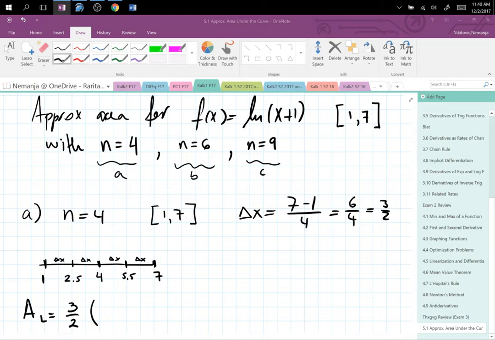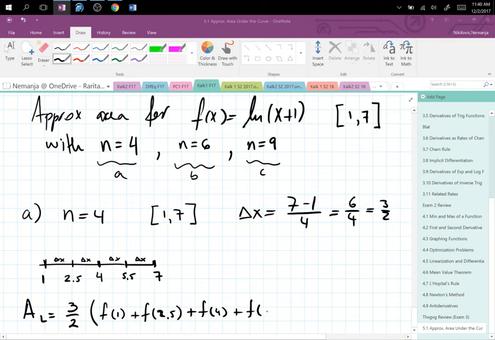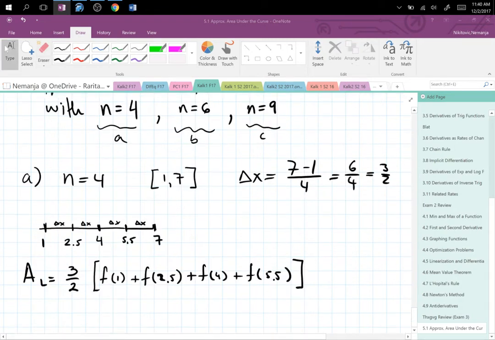So I have the function computed at 1 plus the function computed at 2.5 plus the function computed at 4 plus the function computed at 5.5. Maybe I should use these brackets. So this is 3 halves times, and now what do I have? ln of x plus 1.